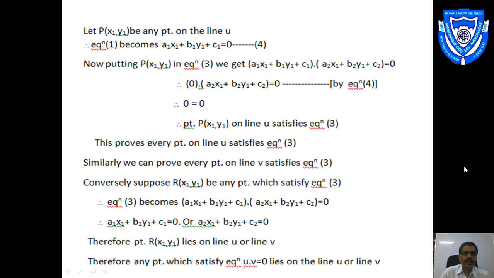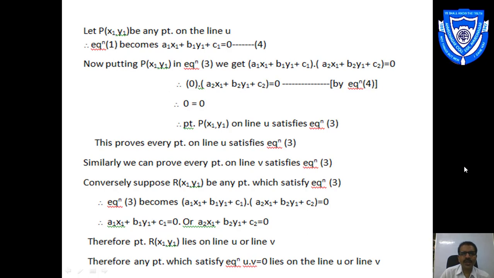Now putting the coordinates of point P, which are x1, y1, in equation 3, we replace each x by x1 and each y by y1. So equation 3 looks like this: (a1 x1 plus b1 y1 plus c1) into (a2 x1 plus b2 y1 plus c2) is equal to 0.